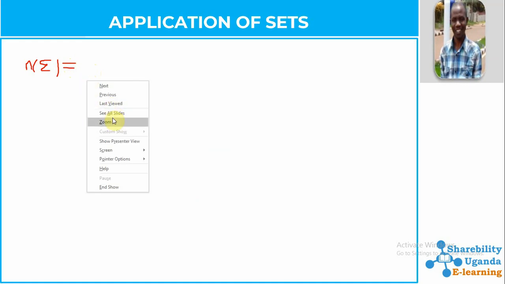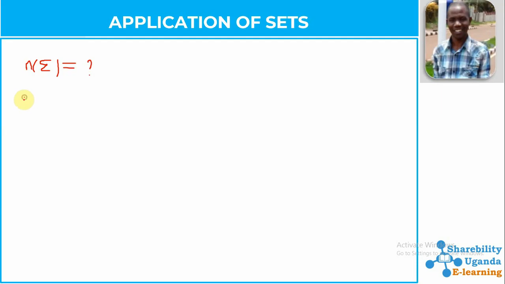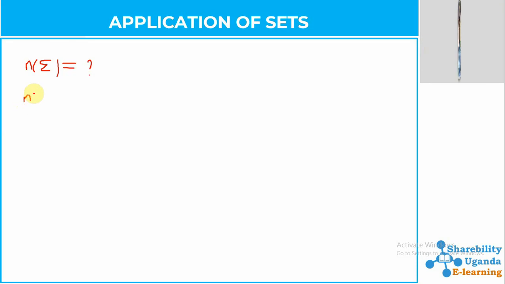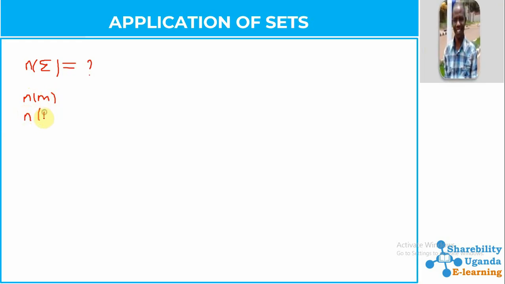Then you also have to look for those members that are taking only one kind of food. This one is not given, but we have the number of pupils who are taking M, and we also know the number of pupils who are taking rice.